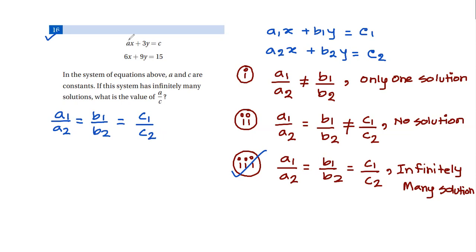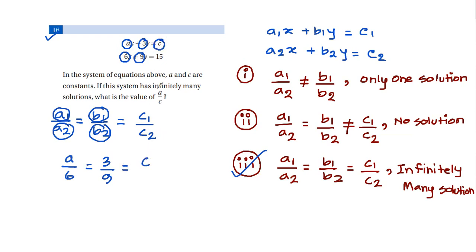Now the value of a1 is a, so you can write a over the value of a2, that's 6, equals the value of b1, which is 3, over the value of b2, which is 9, if you compare it. And on the other side, that equals the value of c1, which is c, over the value of c2, which is 15.